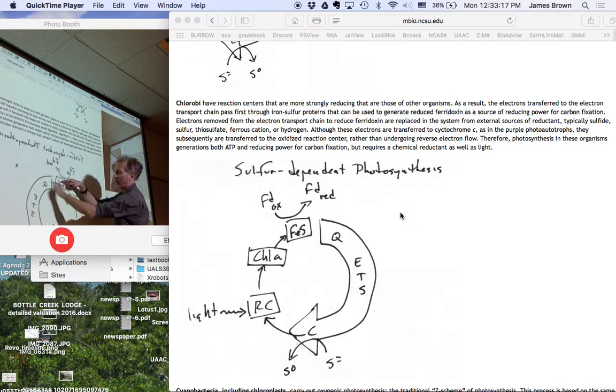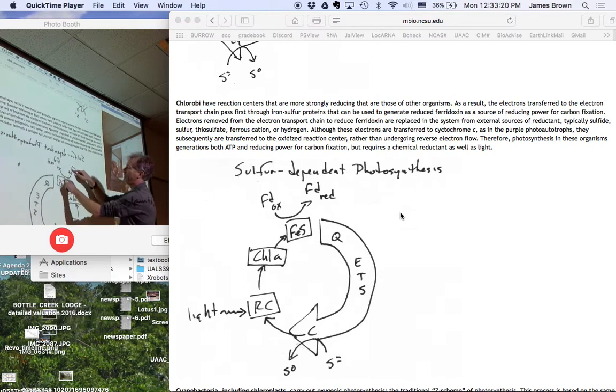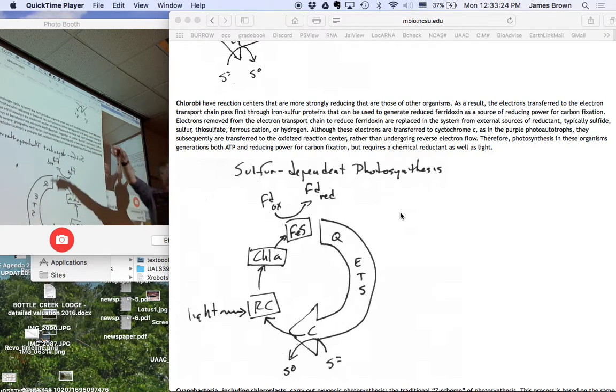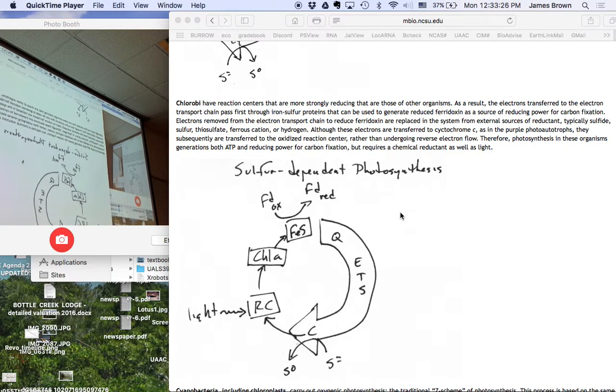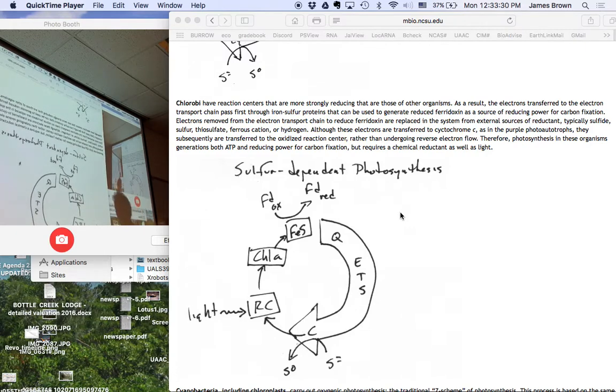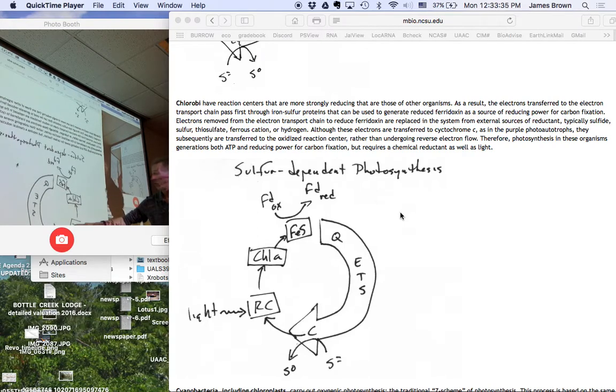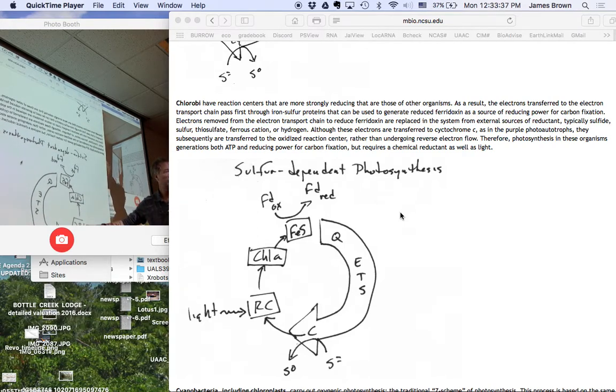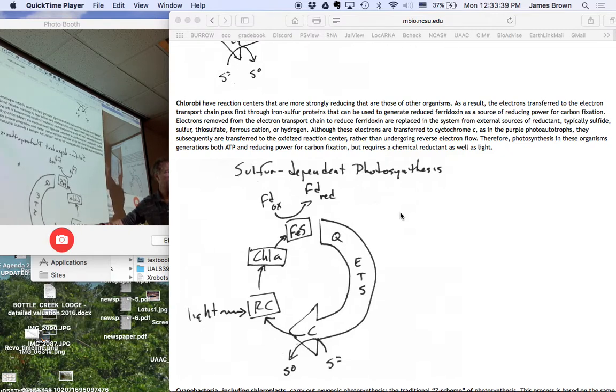Instead of just going around the process this way, that reduced iron sulfur center can be used to reduce ferredoxin, and the ferredoxin goes to fix carbon. That's the reductant. But if you do that, you've got a problem, because your reaction center is oxidized. In order for another photon to be harvested, you've got to reduce that reaction center.